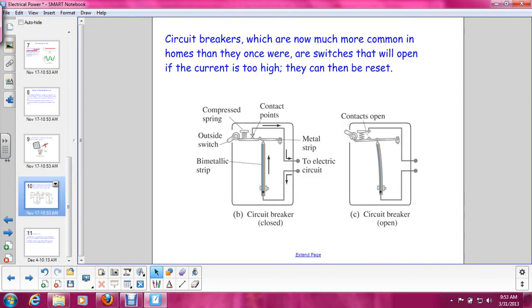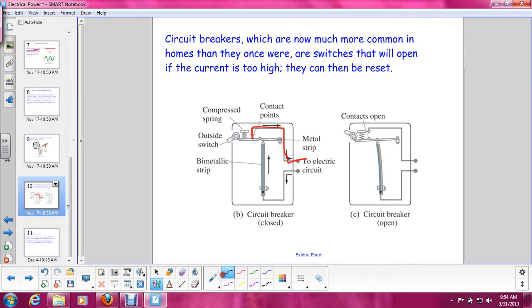Circuit breakers are much more common now, especially in newer houses. In older houses, you still may have fuses, but in newer houses, most of them have circuit breakers. For example, the dorm that I live in, Jacobs, we have circuit breakers. I have one in my apartment. And the way that this works is when there is too much current flowing through it, there's a switch that goes off. When the switch is closed, there is a full circuit and electricity can flow.